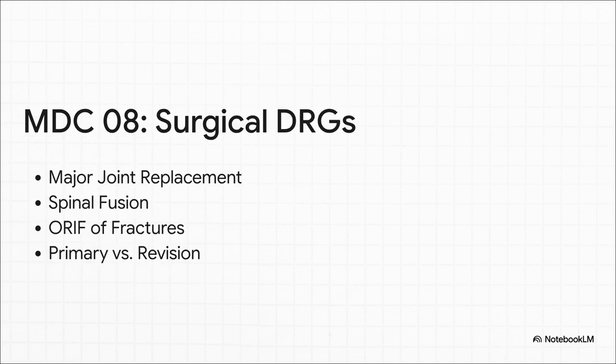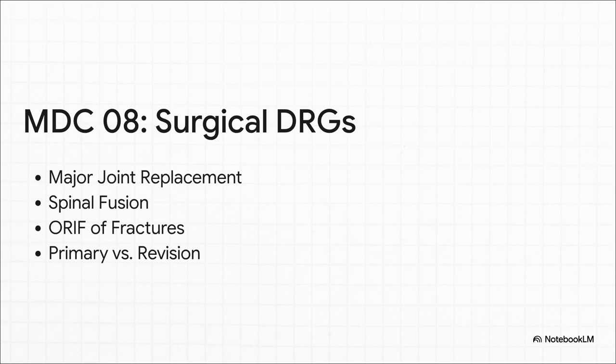When it comes to the surgical side of MDC 08, we are dealing with heavy-hitting, resource-intensive procedures. We're talking about major joint replacements, which group to DRGs 469 and 470, and complex spinal fusions, which land in DRGs 453 through 460. We also see open reduction internal fixations, or ORIFs, for fractures as well as amputations.